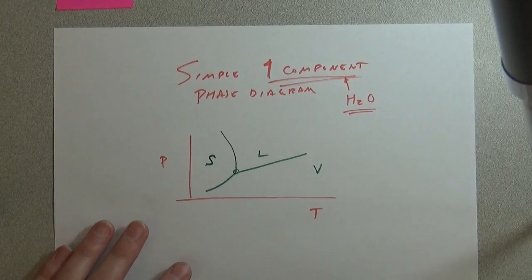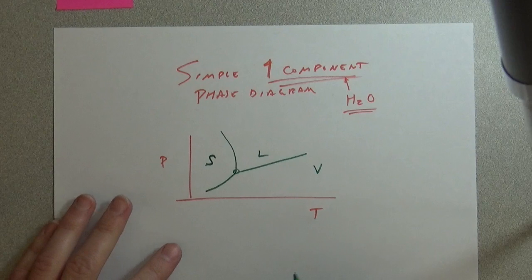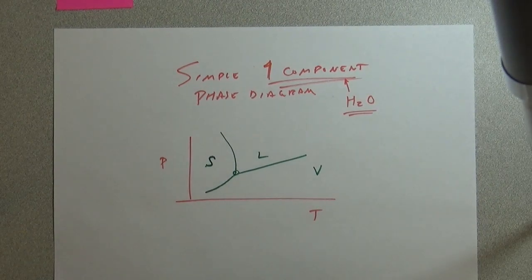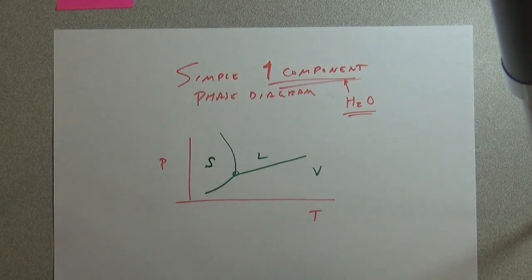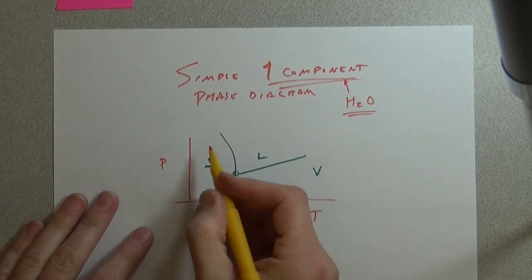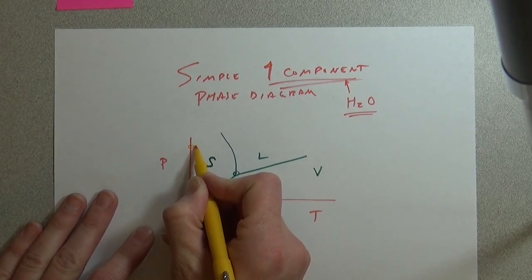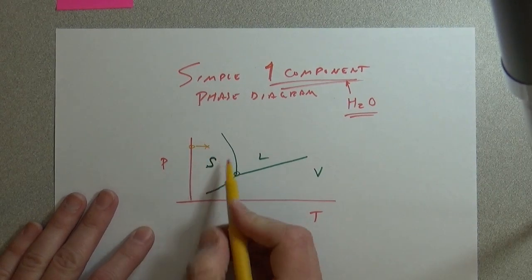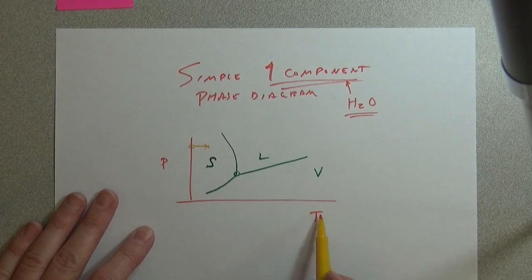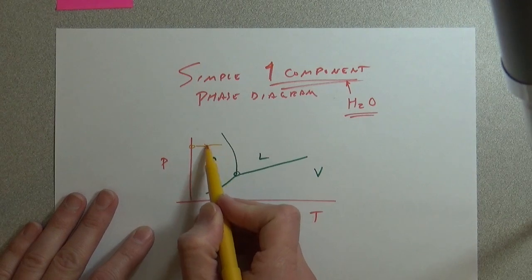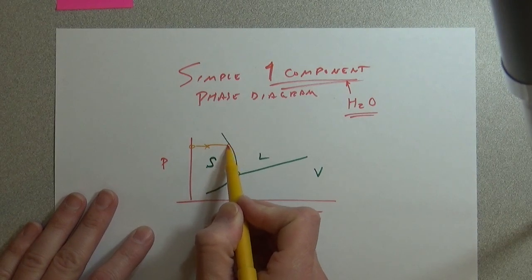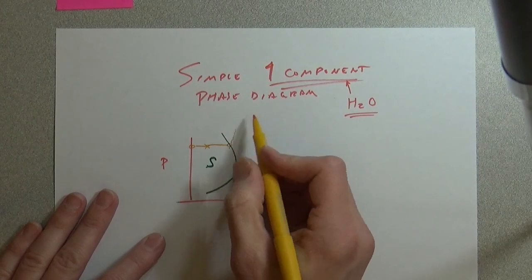So if we now have some given pressure, and we start out and it's a solid, as we increase the temperature, at some point we reach this boundary and it melts.